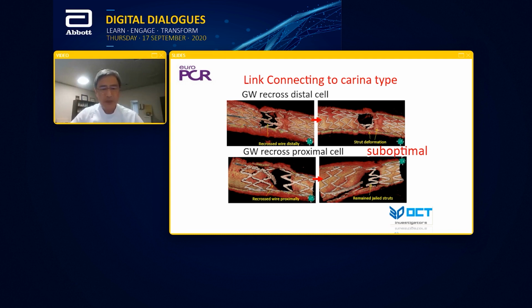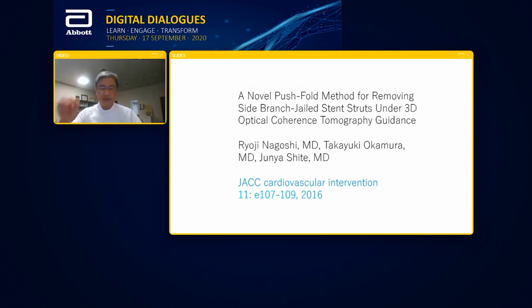And if the guide wire recrosses the proximal cell, a metallic carina remains at this site. In this situation, with link connecting to carina type, it is difficult to remove the JL strut. So we propose a novel push-forward method for removing the side branch JL stent.